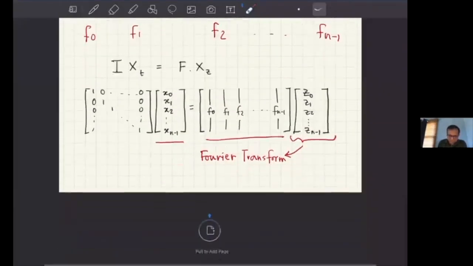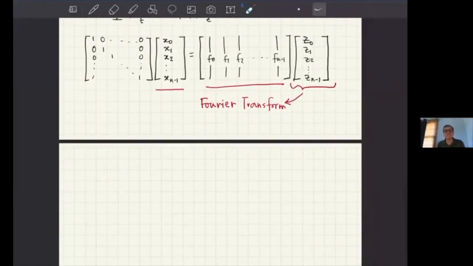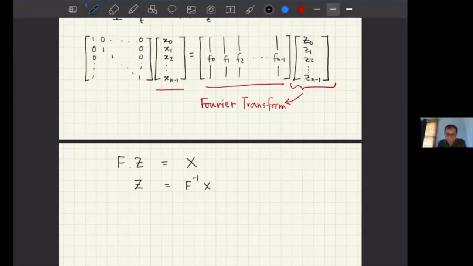Okay, so now let's quickly write this mathematically to express Fourier transform in a mathematical equation. We can write this as Fz equals x. Therefore, z is F inverse of x. Now, because F is an orthonormal matrix, we can always normalize this matrix by multiplying them by 1 by square root n.